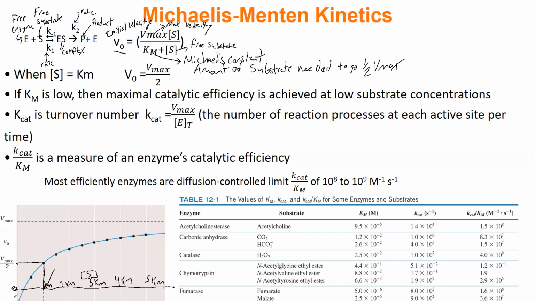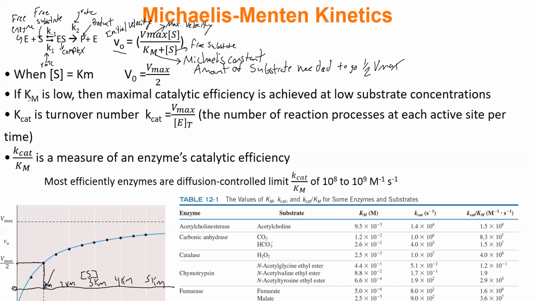So now that we kind of know about Km, now that we know how to find it on a graph, let's think about what Km means in terms of numbers. So if you have an enzyme that has a really low value of Km, really small Km, what that means is that it does not take much substrate to go its maximum speed.